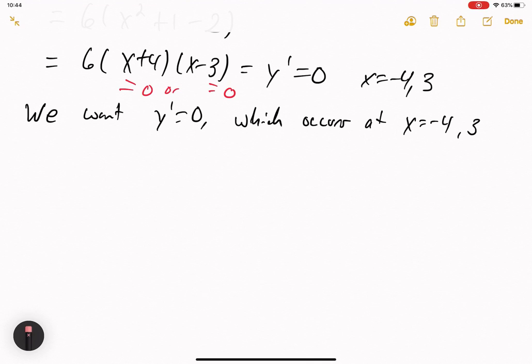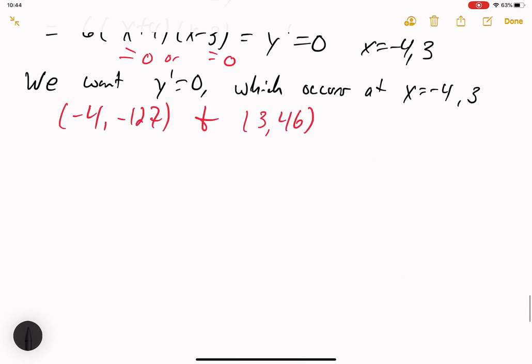So we actually have the points negative 4, negative 127, and the other point was 3, 46. So at these points, the normal is actually vertical.